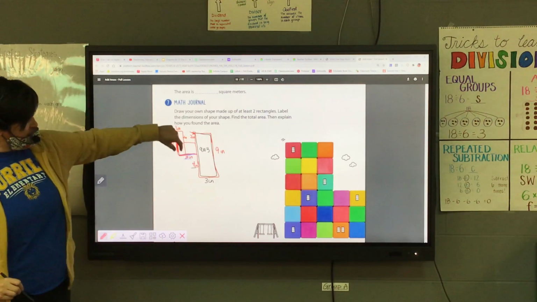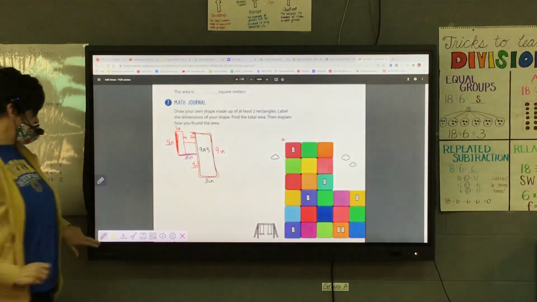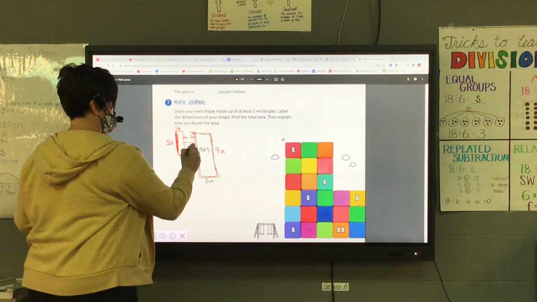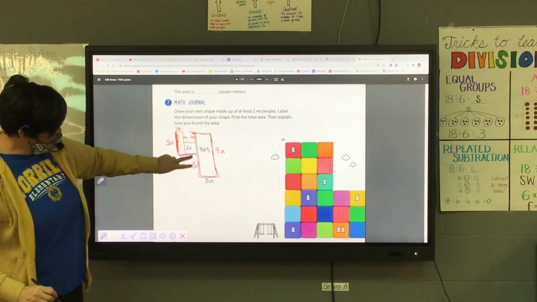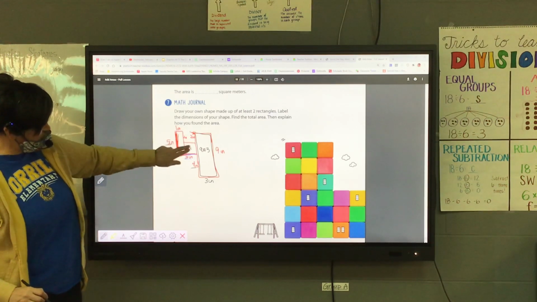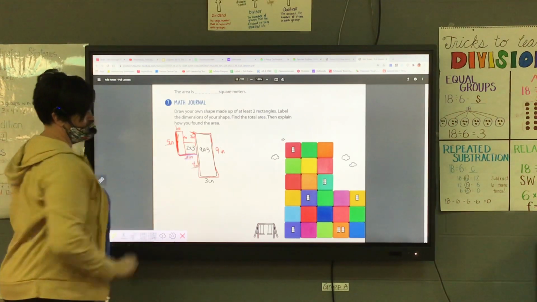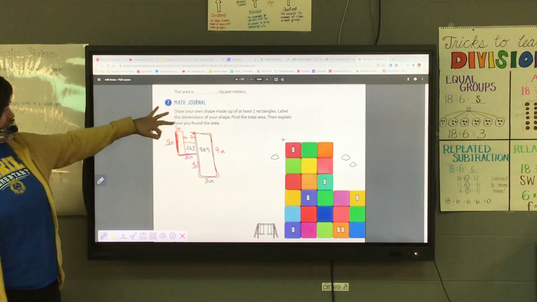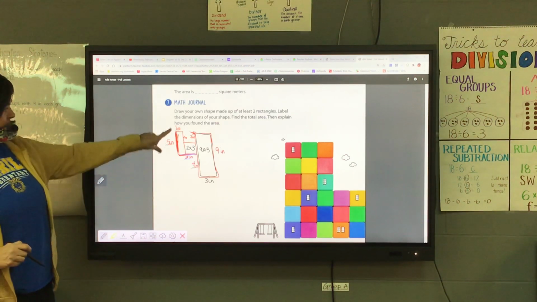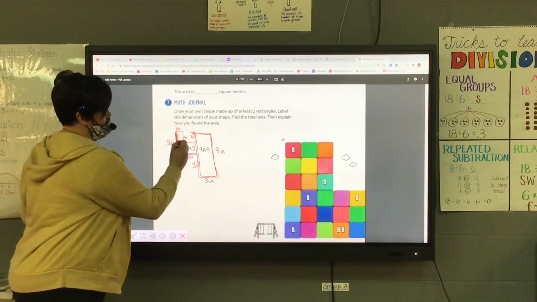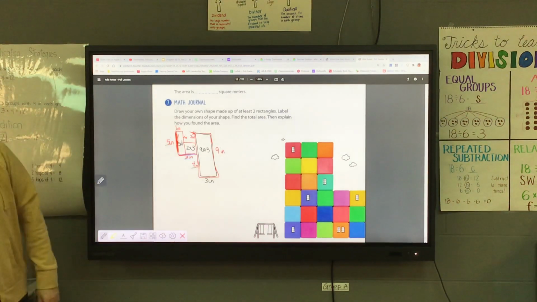If this part of it is 1 inch, what is this part of it? 2. It would be 2 inches, wouldn't it? So 2 times 4 plus 2 is 6. 6 plus what equals 9? 3. What's this rectangle's equation going to be? 5 times 1. Ooh, I made mine tricky. Yeah.